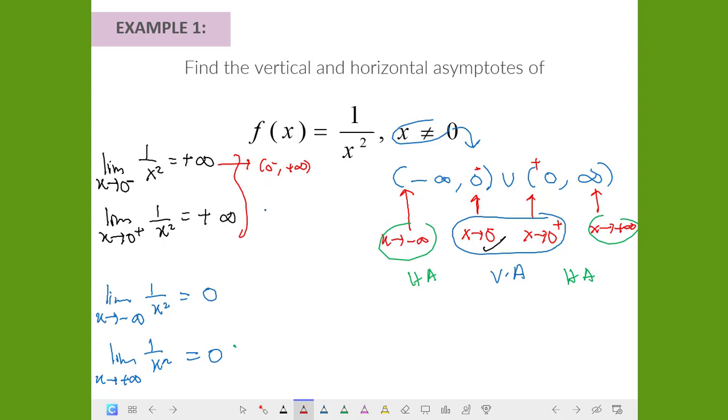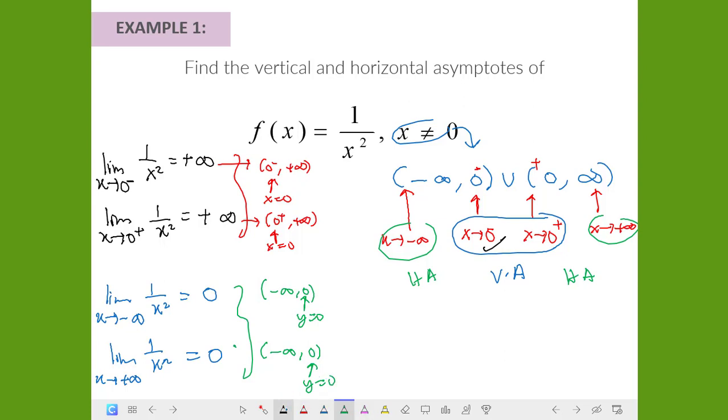So just use a pencil to check; this is simple. This is x equal to 0, and for the limits at negative and positive infinity we get the value y equal to 0.